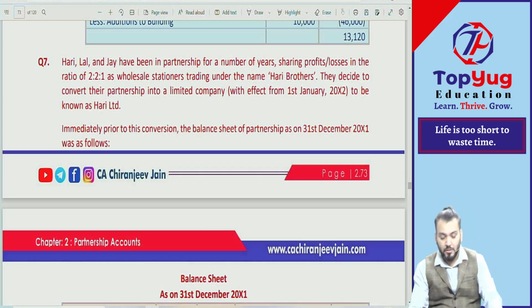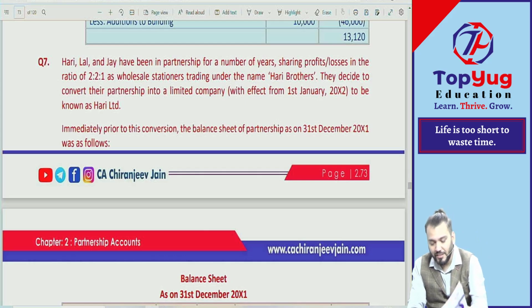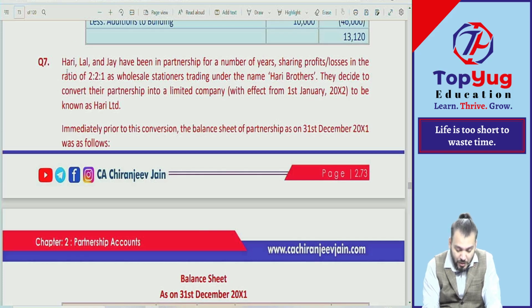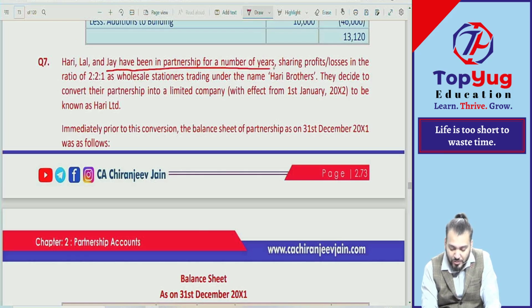Chal. Now come to question number 7 everyone. Let us understand question number 7. Hari, Lal and Jay have been in partnership for a number of years, sharing profit and losses in the ratio 2:2:1 as a wholesale stationery trading under the name Hari Brothers.